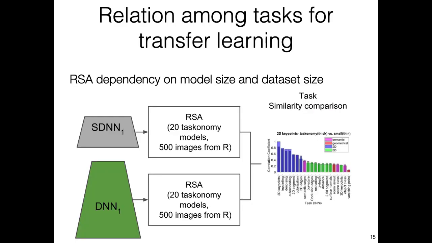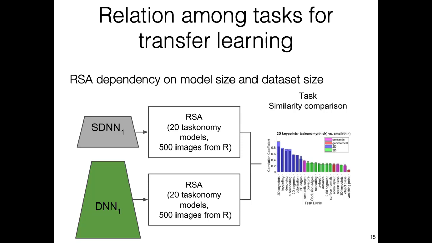We also study what's the dependency of this method on the model size and the dataset size. In the previous slide, this matrix was obtained by taking full models trained with all the training set. But what happens if we train smaller models to compare to the larger models?